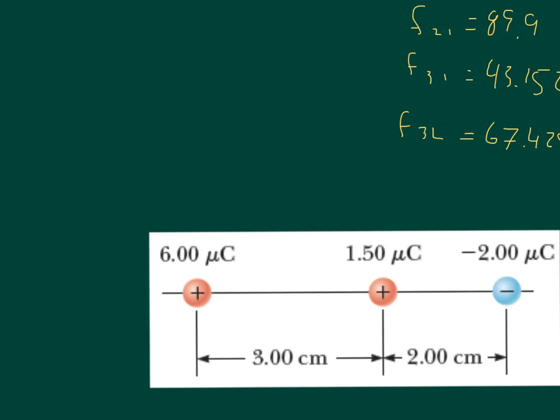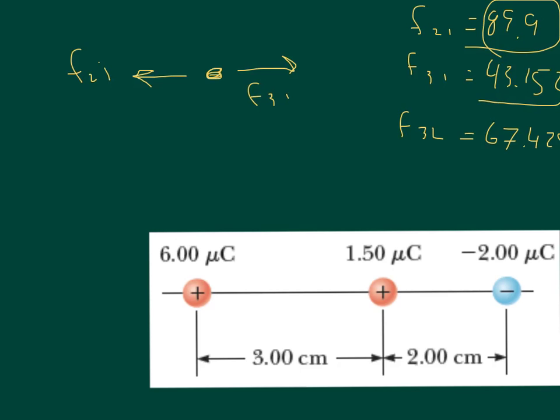So the force on charge 1, so here's charge 1, and we have this repulsive force of F21, and then we have this attractive force of F31. All you have to do is take F21, 89.9, and subtract F31, 43.152.